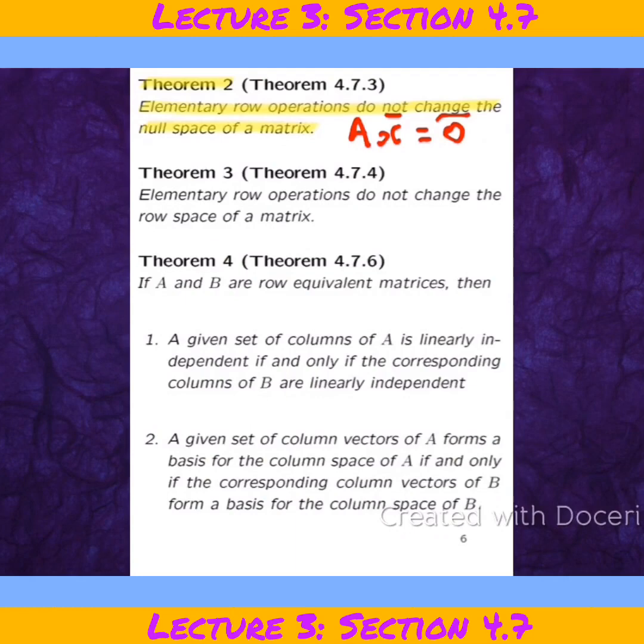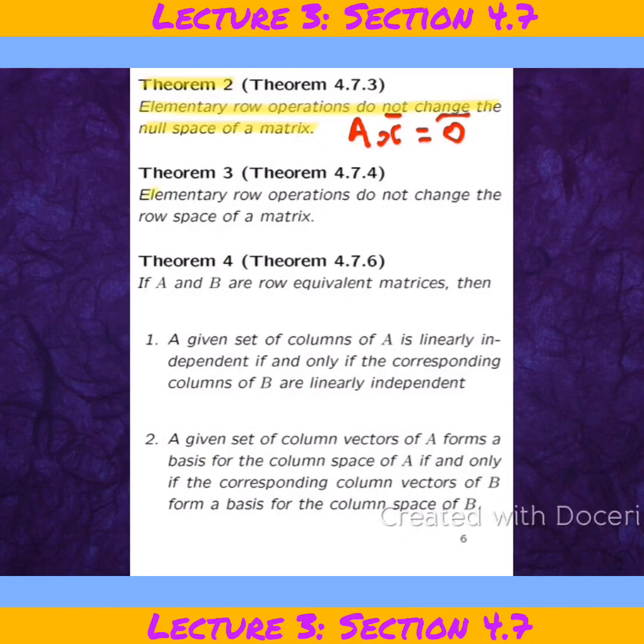And if you apply row operations to A, it is most certainly not going to influence the answers that you get, because essentially to get to the answers you have to reduce A into its reduced row echelon form, and that's not going to change the null space.